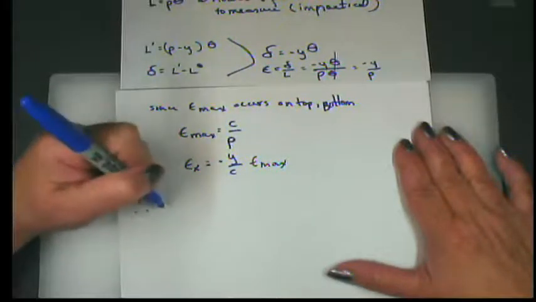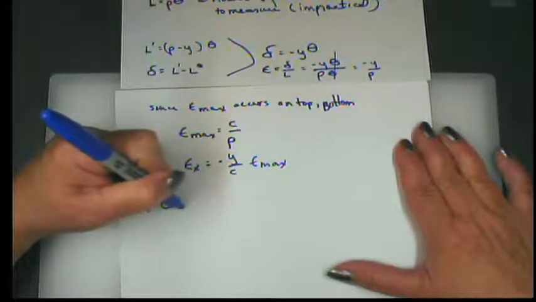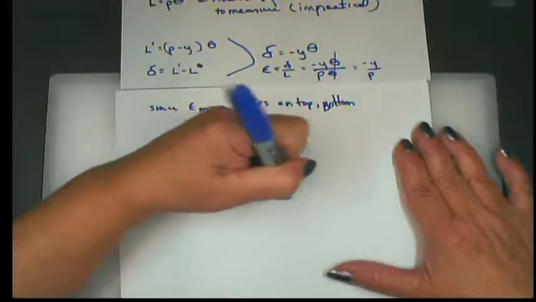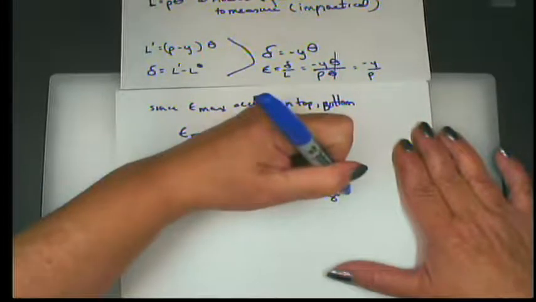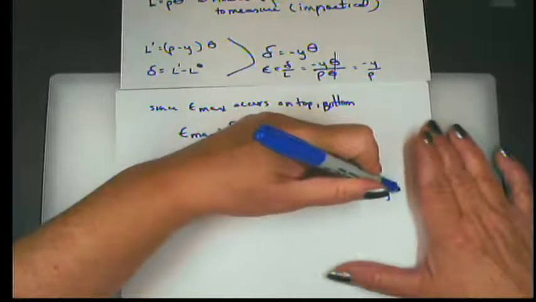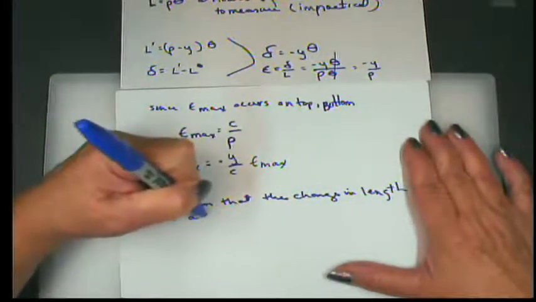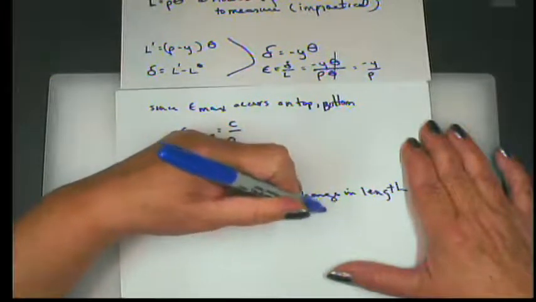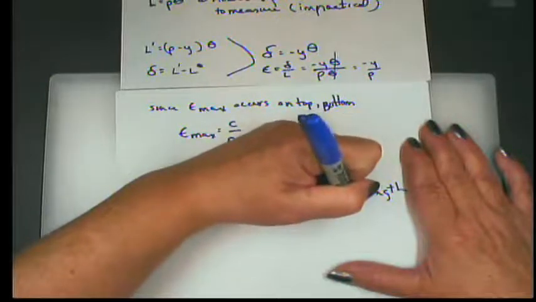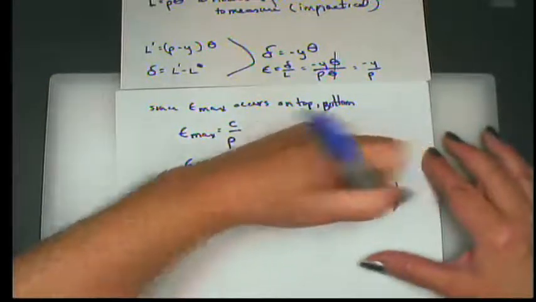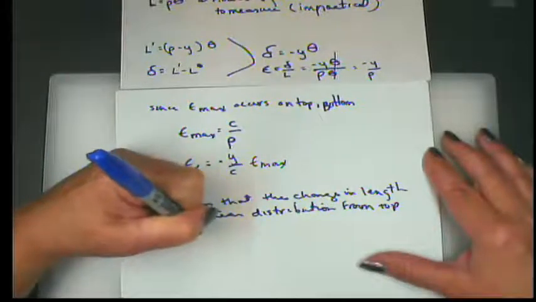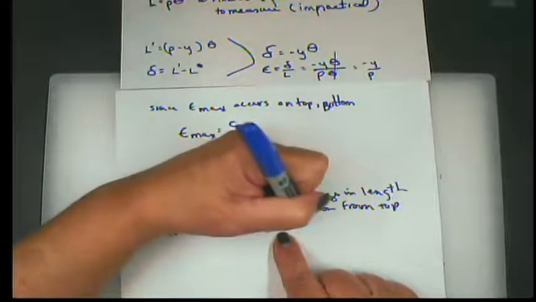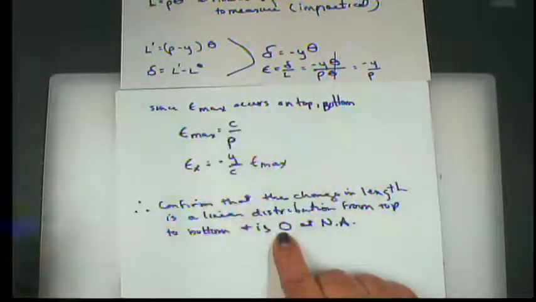What we've really done is we have confirmed that the change in length is a linear distribution from top to bottom on the structural member, and is 0. So in other words, there's no change of length at the neutral axis.